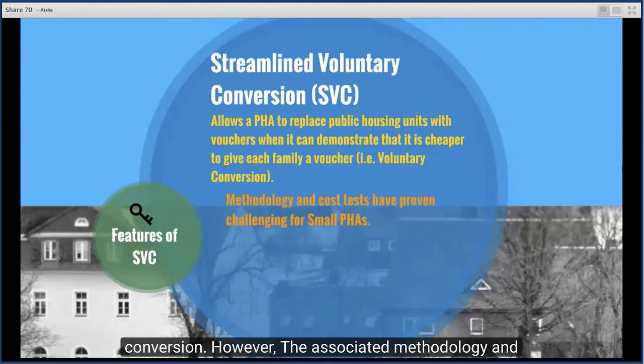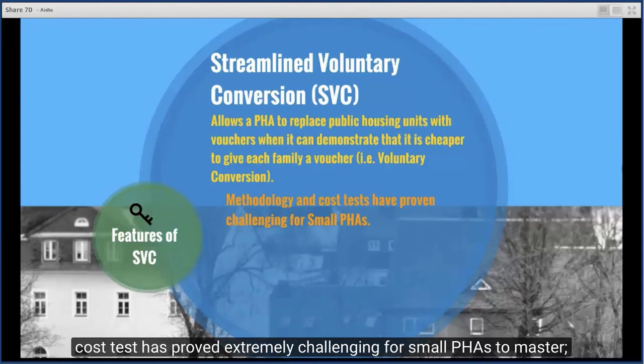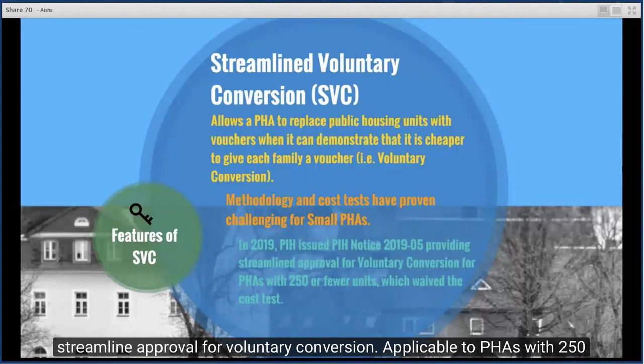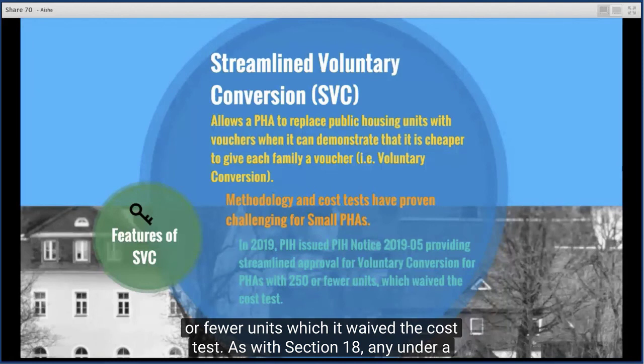However, the associated methodology and cost test has proved extremely challenging for small PHAs to master. Hence, in early 2019, PIH issued a notice, PIH Notice 2019-05, providing for a streamlined approval for voluntary conversion, applicable to PHAs with 250 or fewer units, in which it waived the cost test.